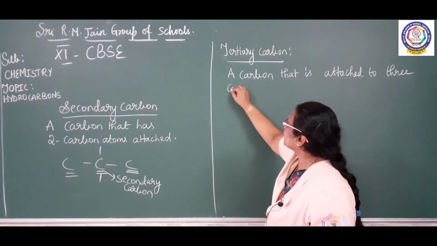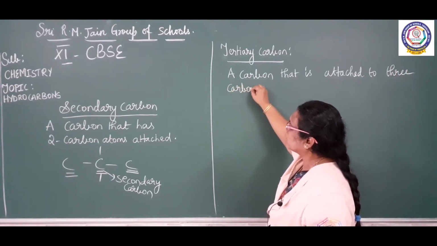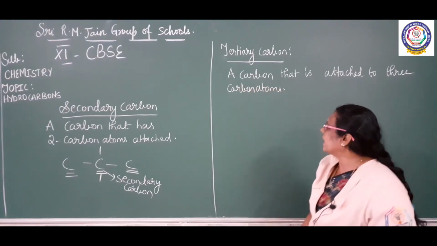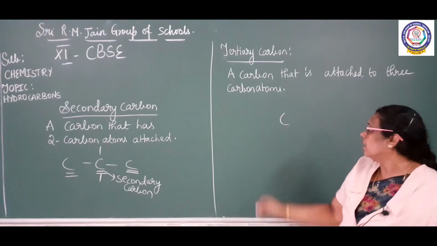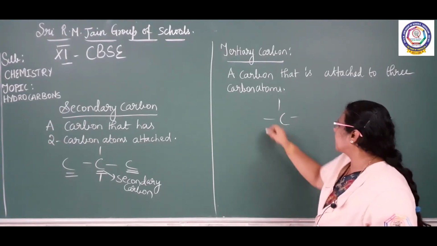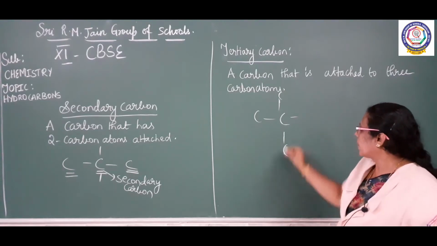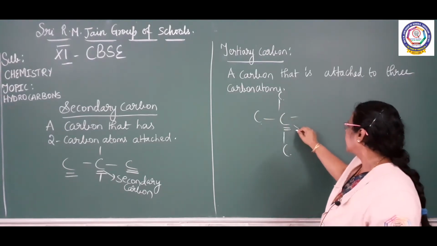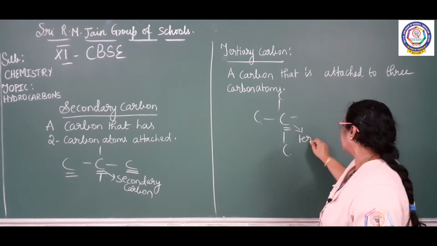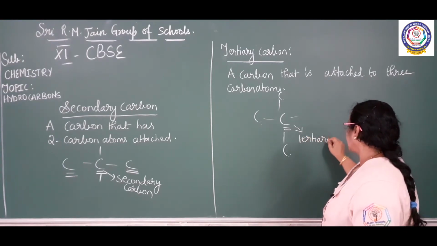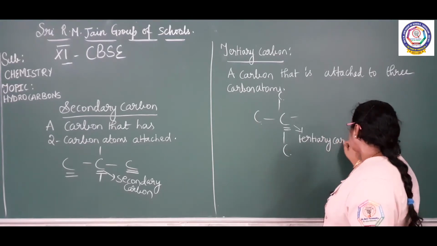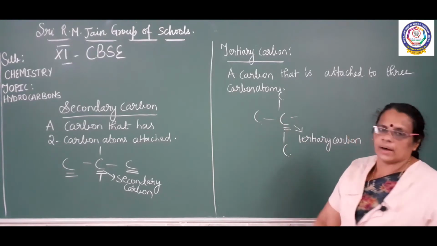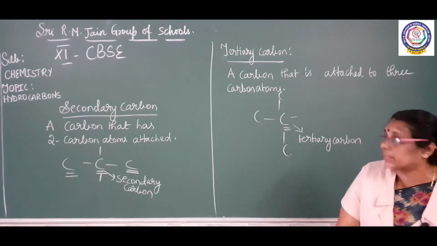What is the example? Carbon will be in the center, attached to three carbons. We can call this a tertiary carbon: carbon attached to three carbons.